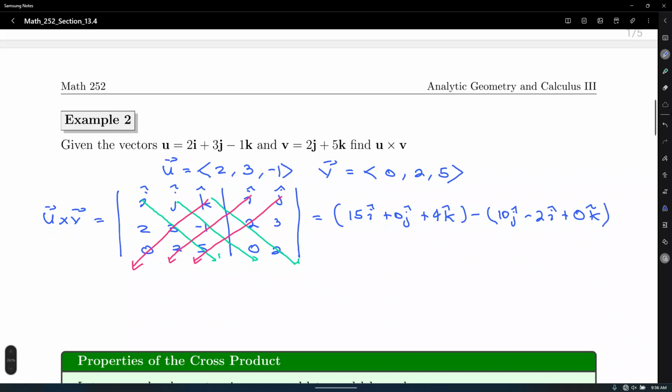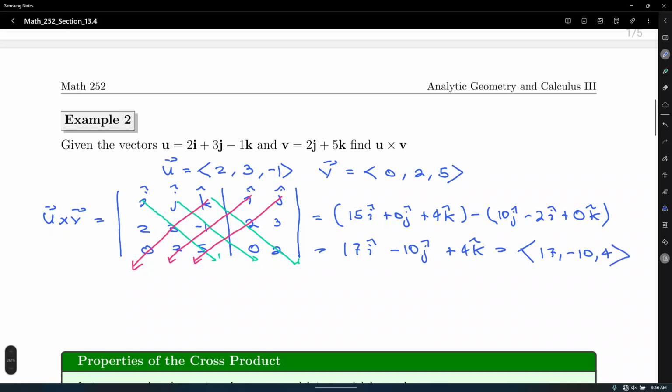So all we're going to do is combine i's with i's, j's with j's, k's with k's to get the new vector, which is the cross product. i's with i's: 15i minus negative 2i, that's 17i. For the j, 0j minus 10j, that's negative 10j. And for k, 4k minus 0k is simply 4k. In component form, that's 17, negative 10, 4.